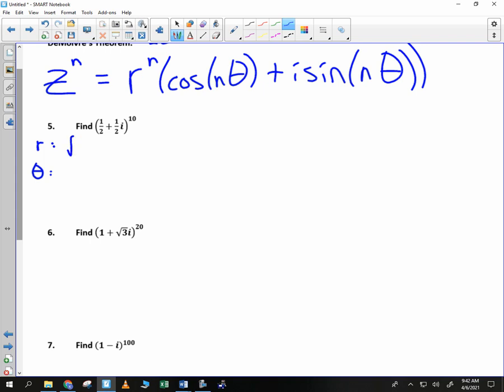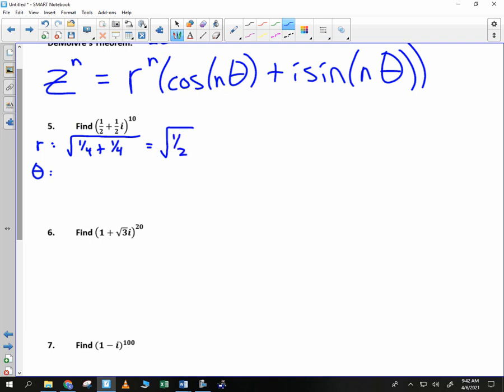How do I find R? Good. Square root of a squared plus b squared. What is 1/2 squared? A fourth. And 1/2 squared is a fourth. A fourth plus a fourth is? 2/4, which is a half. Good, good. So I got the square root of a half, right?